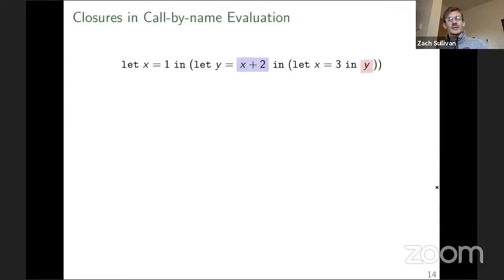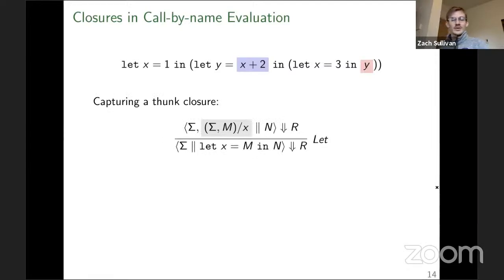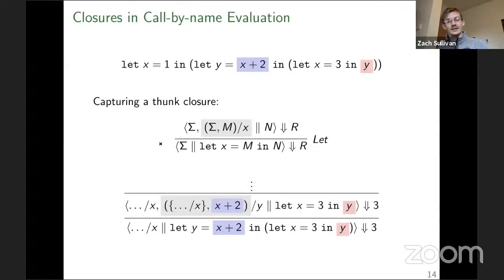Specifically in call by name, how do we capture and enter these closures? We capture these closures in a let rule where we put a closure in the environment for the bound variable before continuing with the body of the let. And in our example here, the only thing in the environment is this first x.